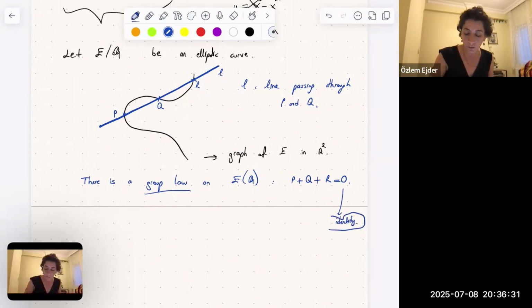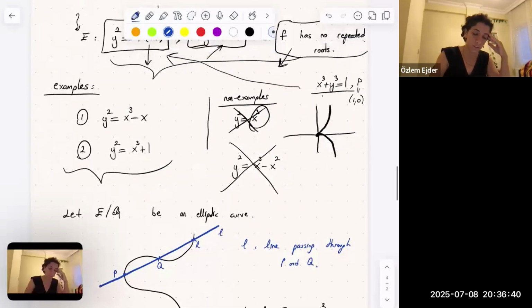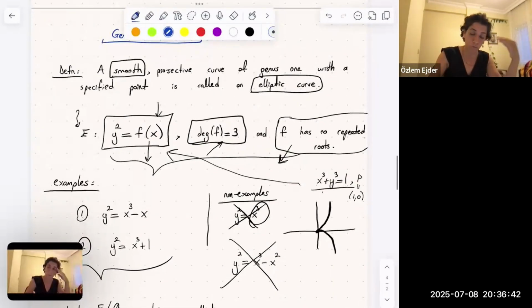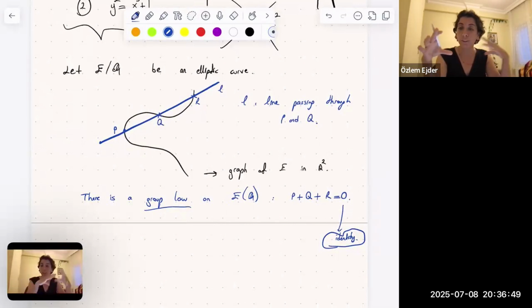So there are some hidden things here. One thing is, what is the 0? Where does that live in this picture? The nice thing about this equation, y squared equals f of x, is that this is the picture that we draw in the affine space, the usual xy coordinates. But we actually think of this elliptic curve in the projective space.